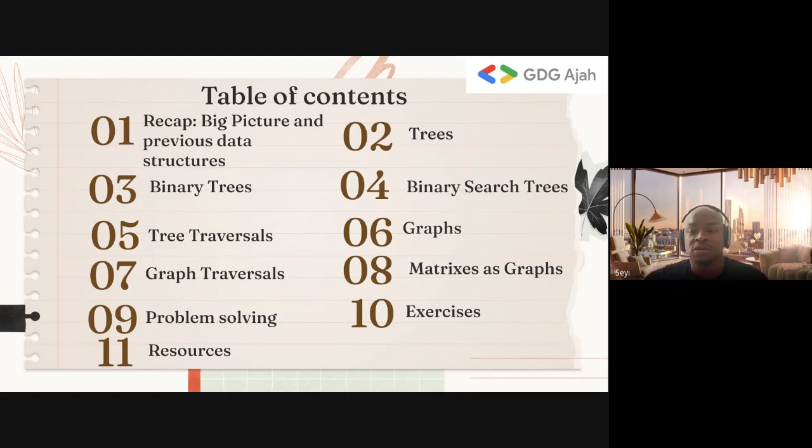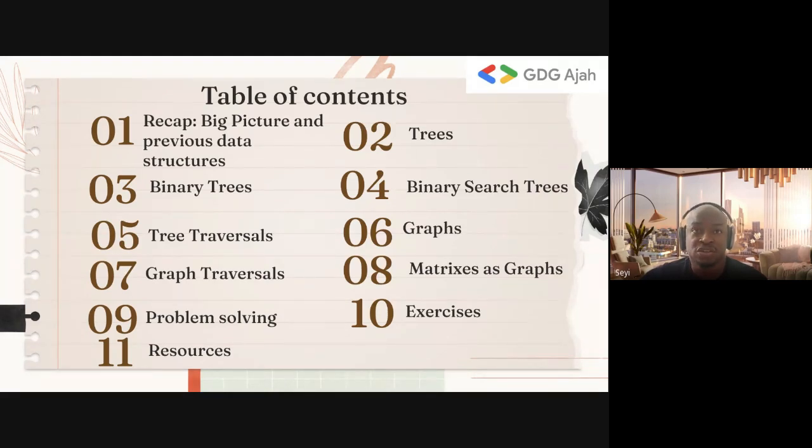So what are we going to be talking about today? We're going to be talking about trees and graphs. We'll start with the big picture of what we're trying to achieve, and look at the previous data structures we've looked at. Then we move on to trees. Trees is more like a broad concept, and it has a lot of useful applications. But the types of trees that would be most important to us are binary trees and binary search trees.